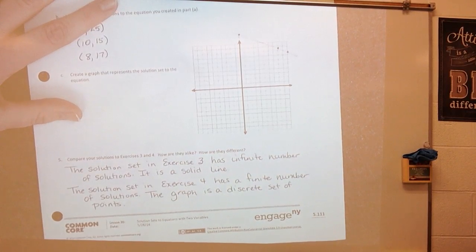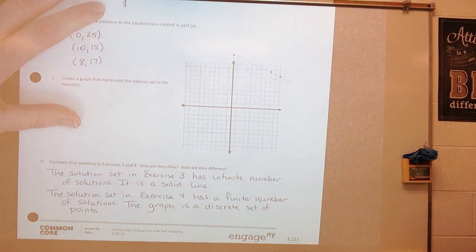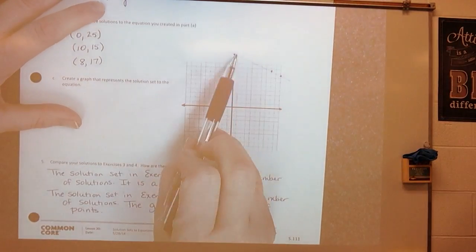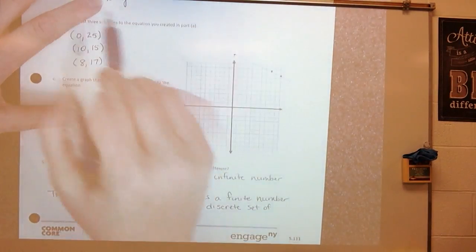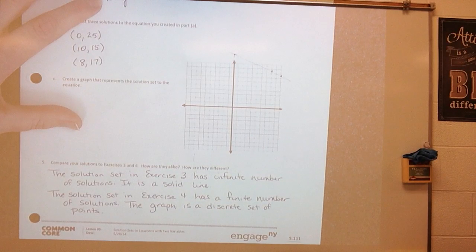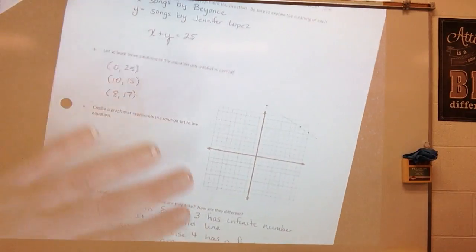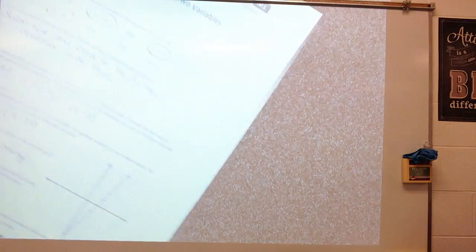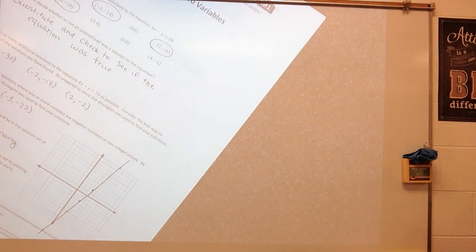I just kind of drew it very lightly. Technically, I would not draw any line at all because it has to be specific points dealing with the problem that we're dealing with. Because we're talking about music, we can't have halves. We can't have fourths. We can't have negative numbers. So that's just an introduction to what we're going to be looking at in the next few lessons.